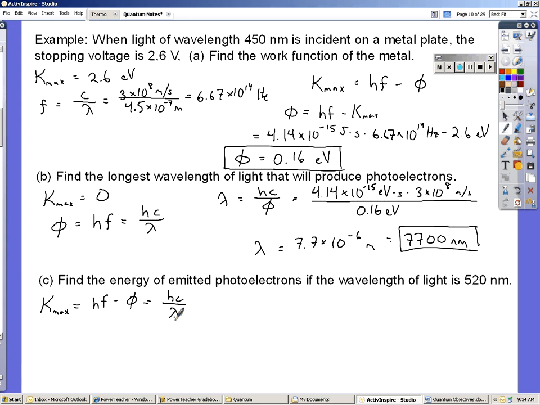Once again, we're given a wavelength, so we use hc over lambda. 4.14 times 10 to the minus 15 electron volt seconds times 3 times 10 to the 8th meters per second, the speed of light, divided by the wavelength, 5.2 times 10 to the negative 7 meters, and then we have to subtract 0.16 electron volts from that. Put this in the calculator.